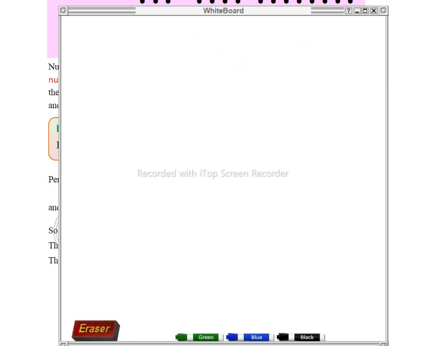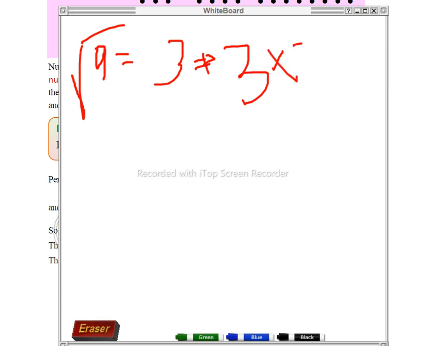Another example of a perfect square: if you take 9, 9 is a perfect square because the square root of 9 is equal to 3, because 3 times 3 is 9. So it is a perfect square.